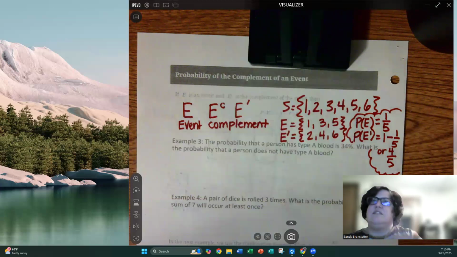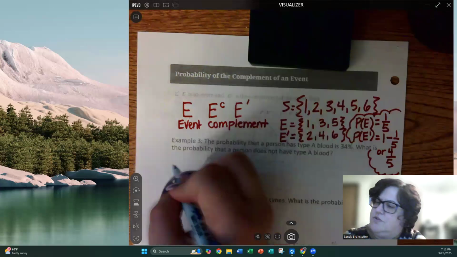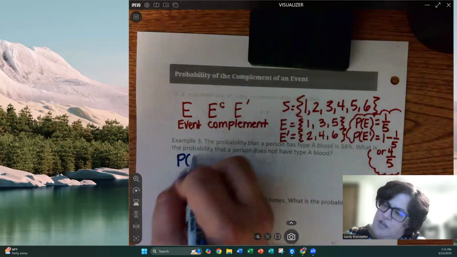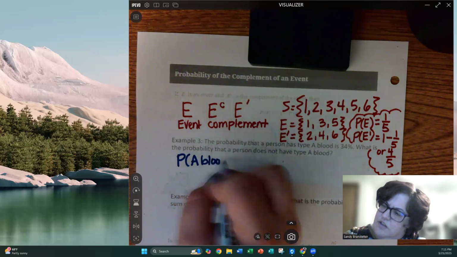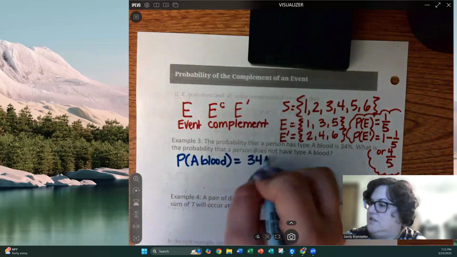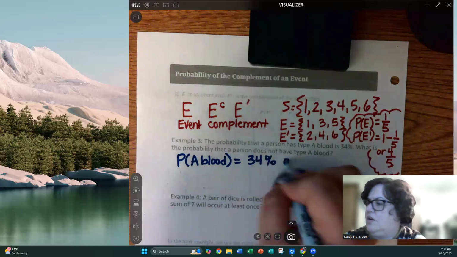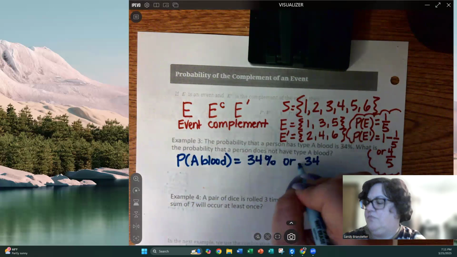So let's look at example 3. The probability that a person has type A blood is 34%. What is the probability that a person does not have type A blood? So the probability for type A blood is 34%, or 0.34 if we write it as a decimal.